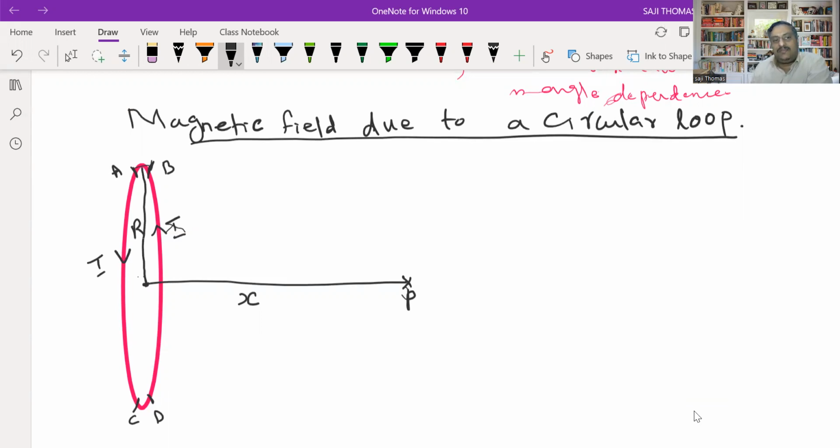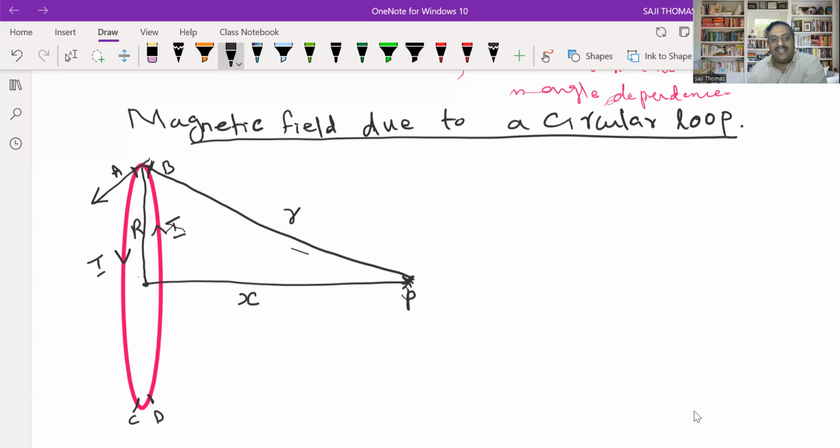Join a line from the midpoint of AB to the point P. That I represent by r. This is r. And you see the current direction. At the top AB, drawing a tangent to AB, the current is coming out.